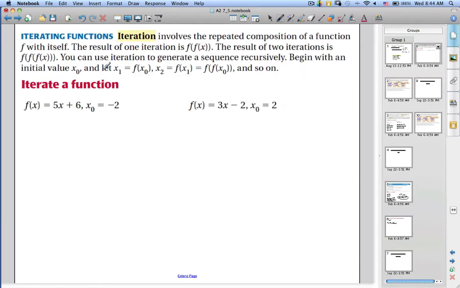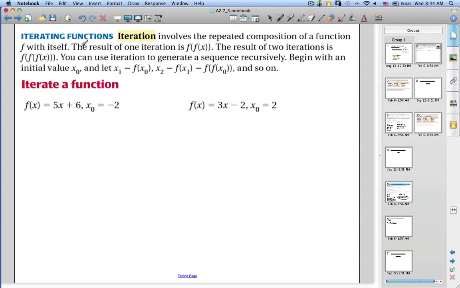And we'll talk about iterating a function. Iterating a function involves the repeated composition of a function f within itself, which in essence is what we do if I'm building a full sequence, building one term and then the next term and the next term.